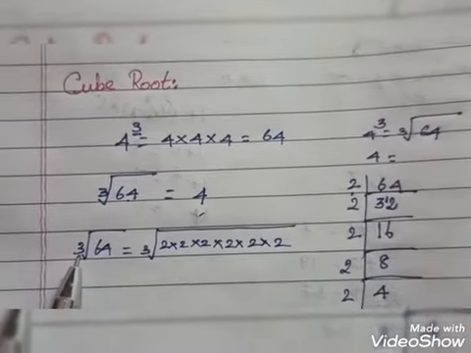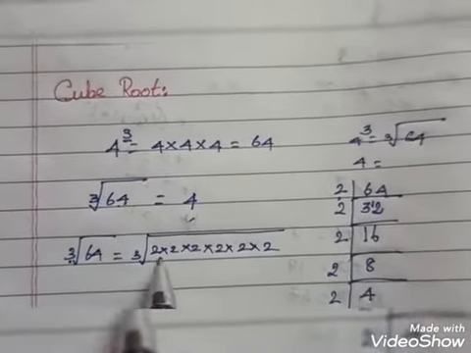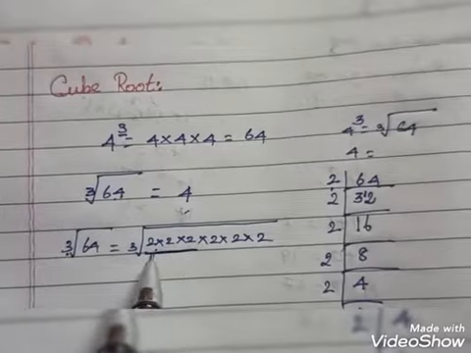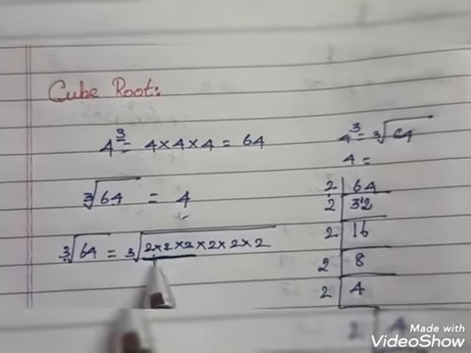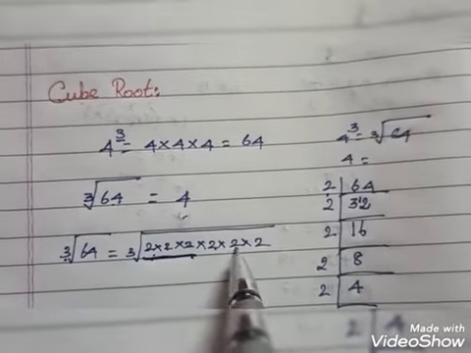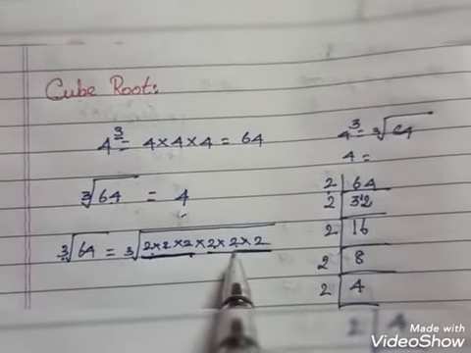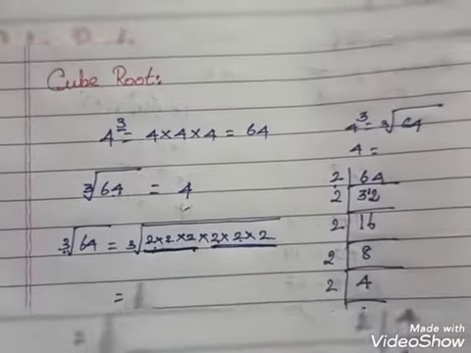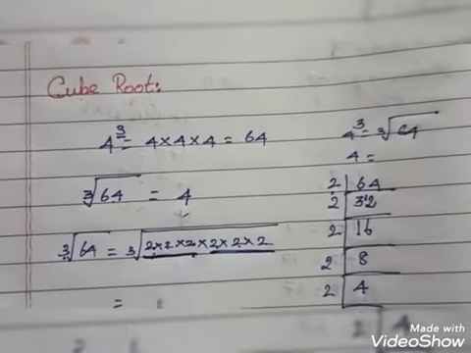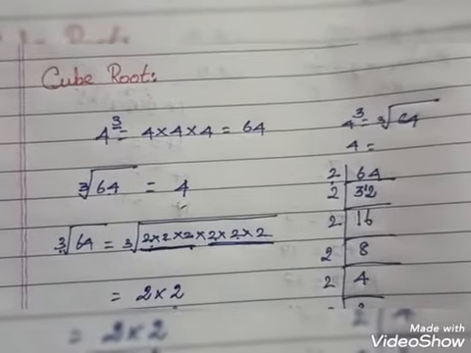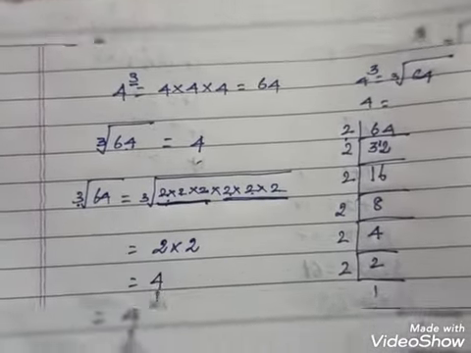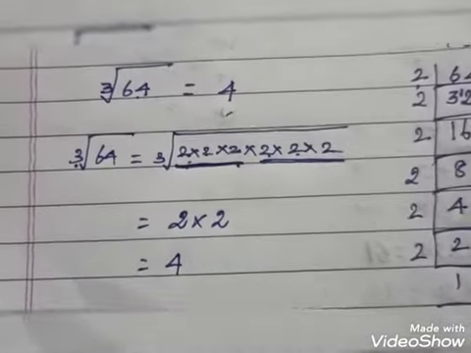Cube root means the group should be of 3. You make one set of 1 2 3, and another set of 1 2 3, because they are the same. For each set of 3 you take 1 out. Again, another 3 means you take 1 out. So now 2 into 2 is 4. So 4 is the cube root of 64.